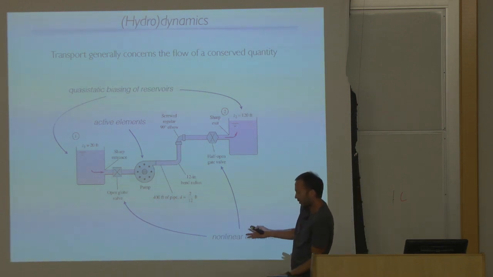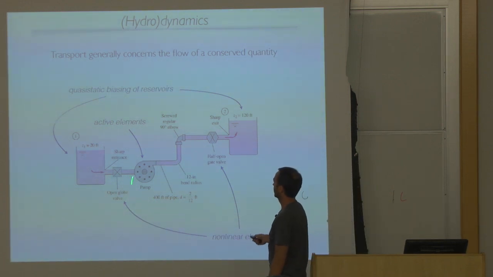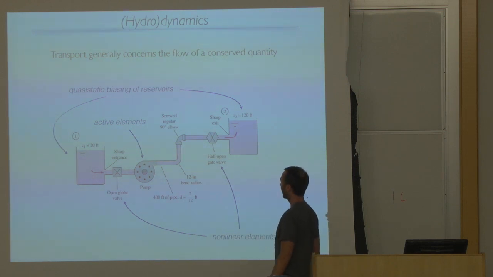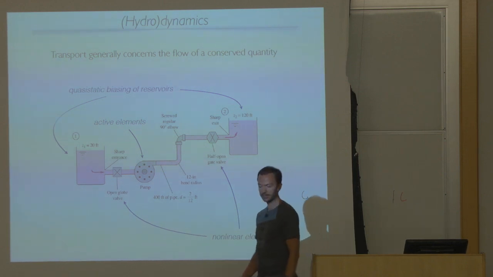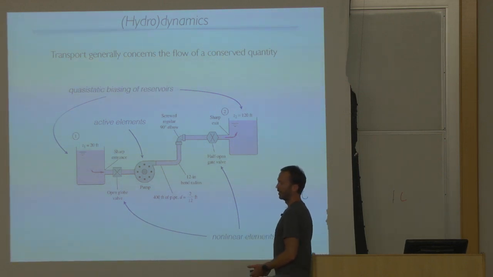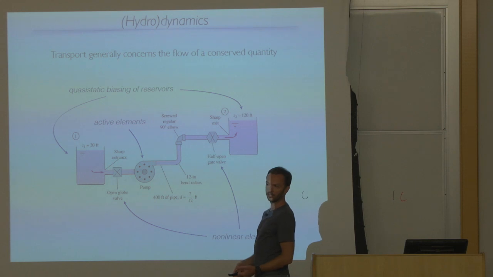Or against some kind of natural quasi-static bias, and I could realize such pumps by various modes of magnetic dynamics. And I could think of some nonlinear elements like valves here that, in my case, could be realized through some localized magnetic solitons.